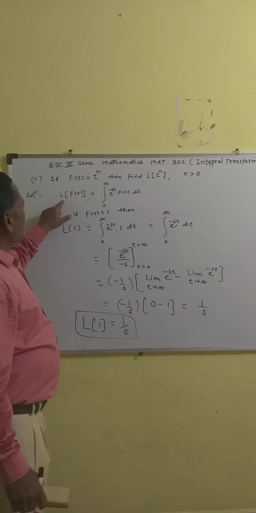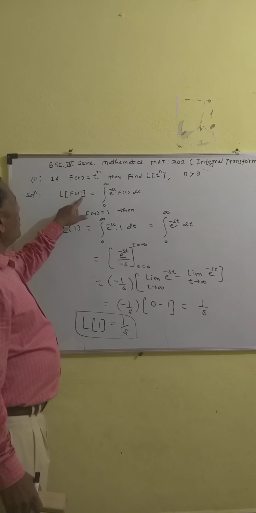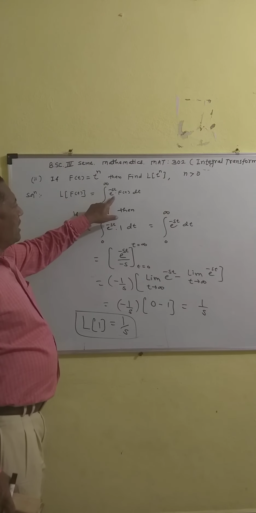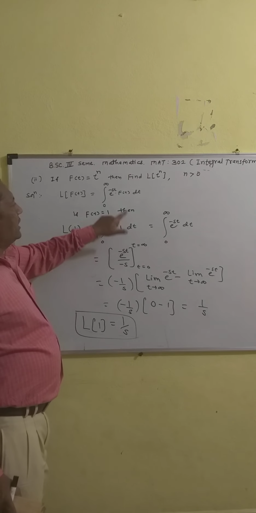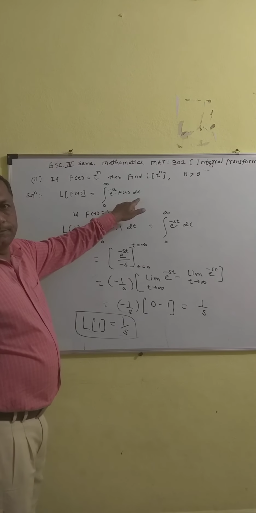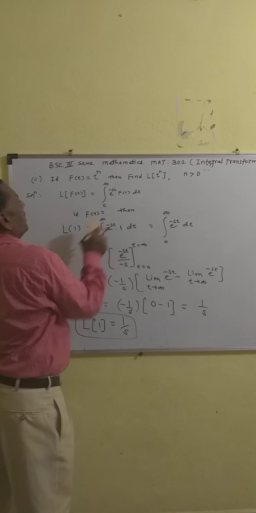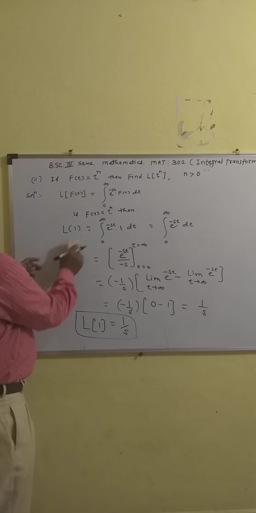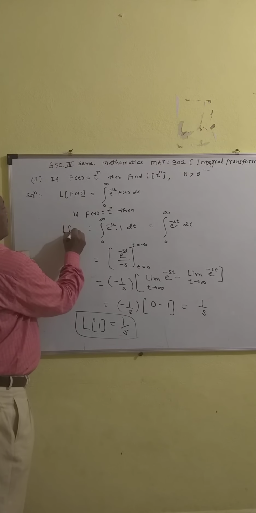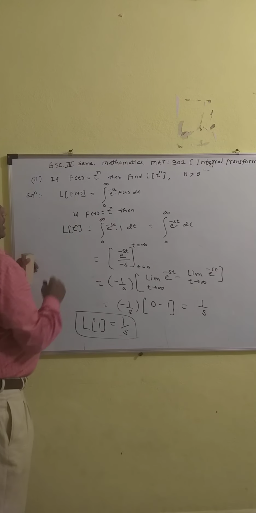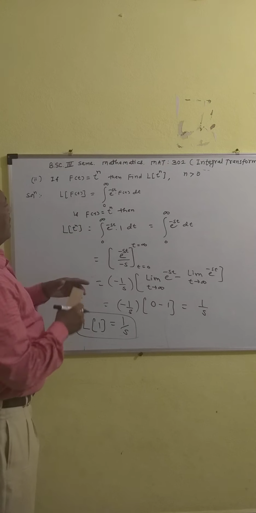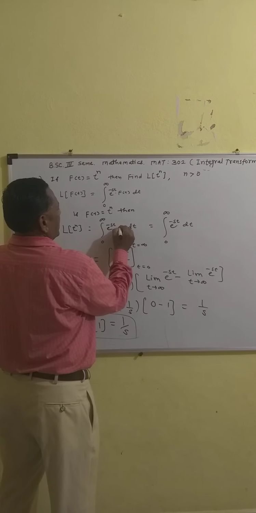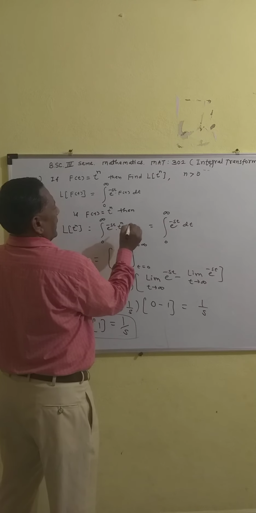Again, by the definition, the Laplace transform of f of t is equal to the integration going from 0 to infinity of e raised to minus st into f of t dt. Here f of t is equal to t raised to n. Then the Laplace transform of t raised to n is equal to the integration of e raised to minus st into f of t, where f of t means t raised to n, into dt.